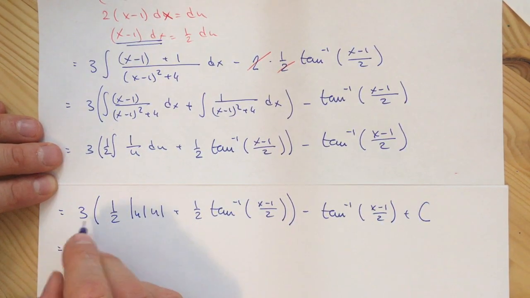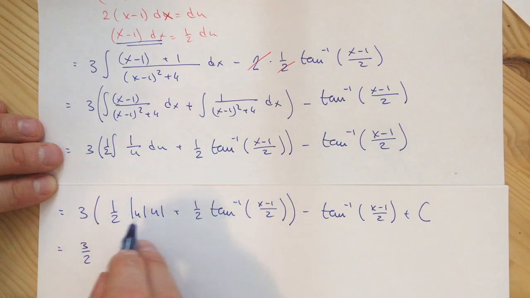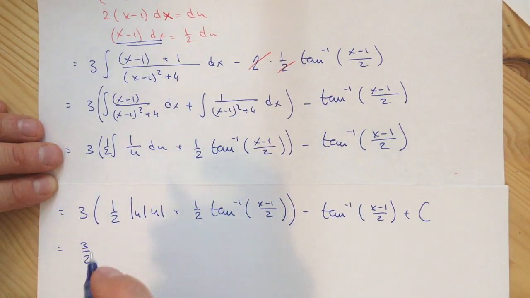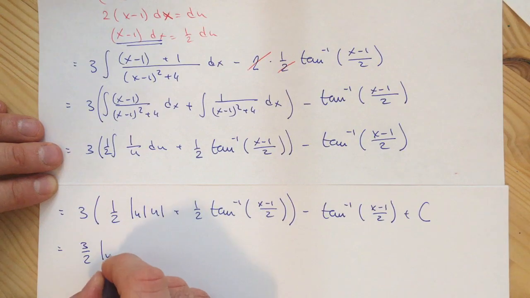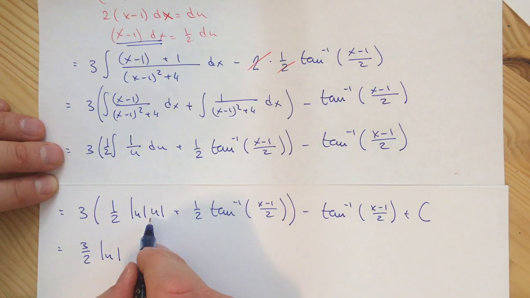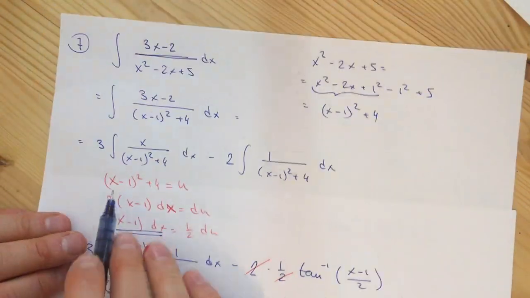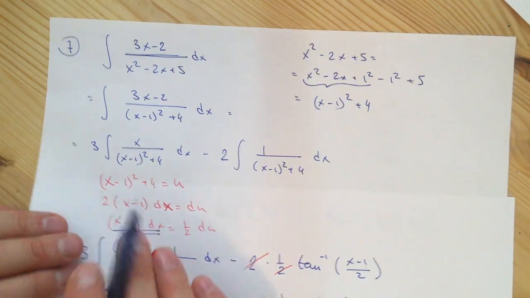That's 3 over 2. Now I distribute this 3. Basically, I drop the parentheses, right? And I multiply this expression by 3. 3 over 2 ln of what is u? Is this whole expression, right?